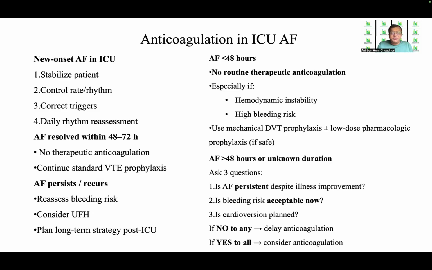If the duration of AF is more than 48 hours, or if the duration is unknown, we have to ask three questions. One, is this AF persistent despite illness improvement? Two, is the bleeding risk acceptable now? And three, is cardioversion planned? If no to any, then we have to delay anticoagulation. If yes to all, then we have to consider anticoagulation.